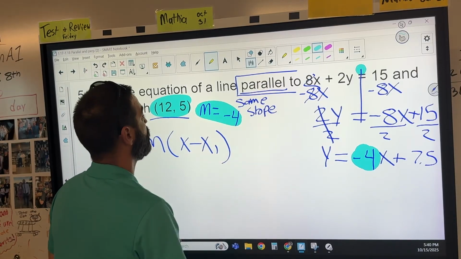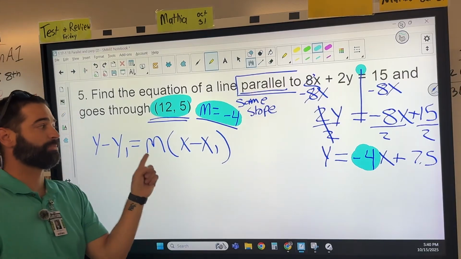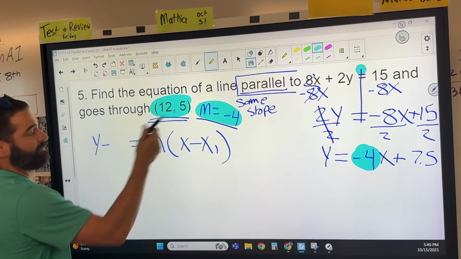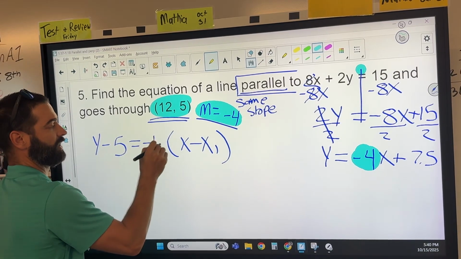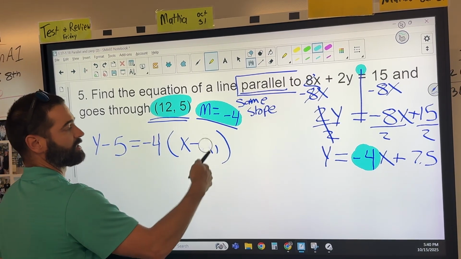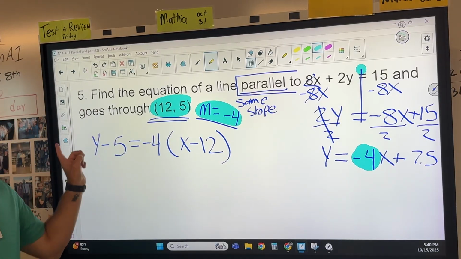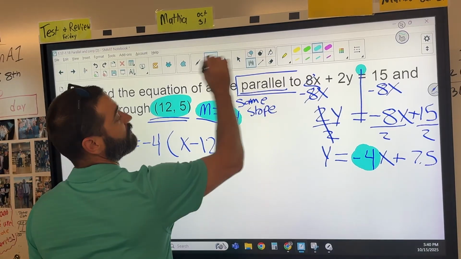Now, we have a point and a slope. We're going to use a point and a slope in our point slope formula. So y minus 5 equals m, which is our slope, negative 4, times x minus 12. This is our equation in point slope form. We're going to change this into slope intercept form.